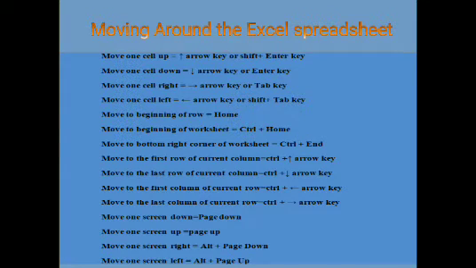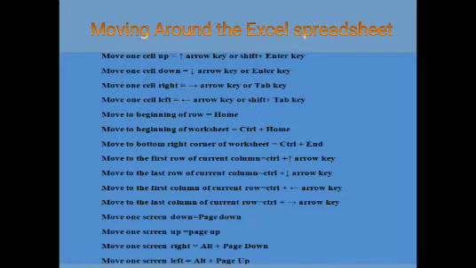will be used. And if I want to go to the first row of the current column, then Control plus up arrow key. It means whatever the column is, it will go to the first row. First row means 1. If I want to go to the last row of the current column, last row means total rows in Excel 2010, which is 10,48,576.